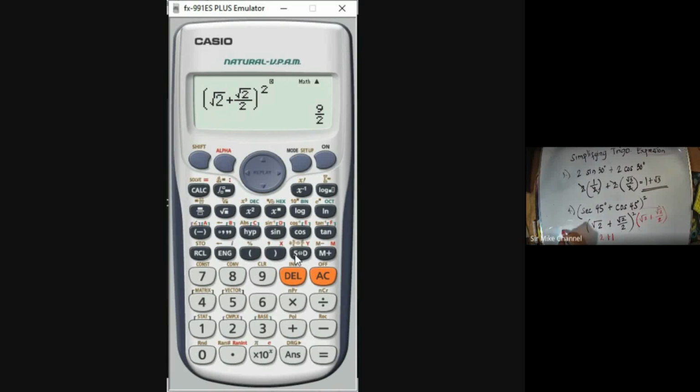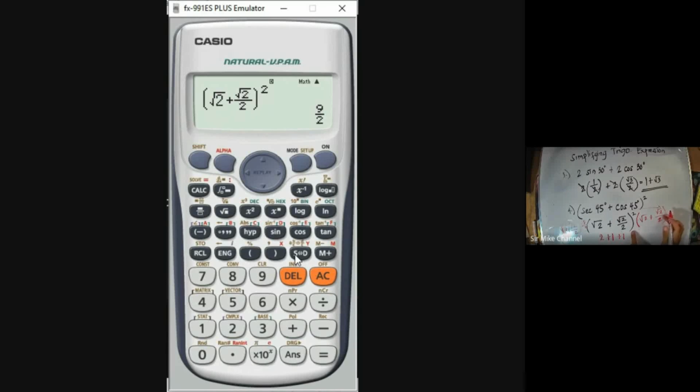So, the answer is 1. Diba? Square root of 2 times square root of 2 over 2, meron kang 4 over 2. Ayan, the answer is 1. Next, ito naman, same lang din, plus 1.